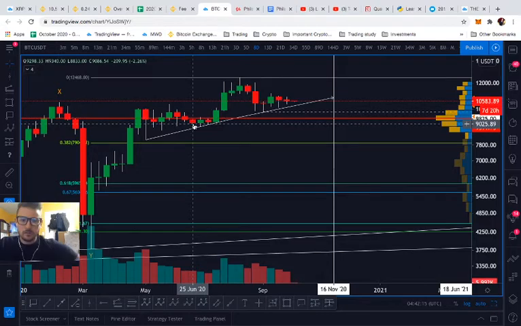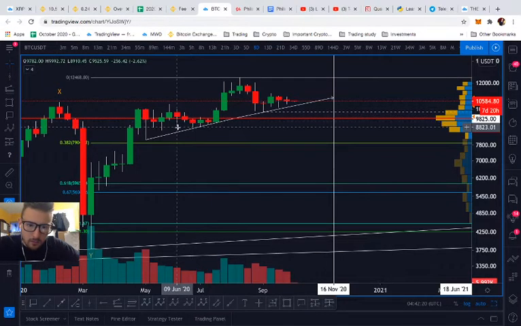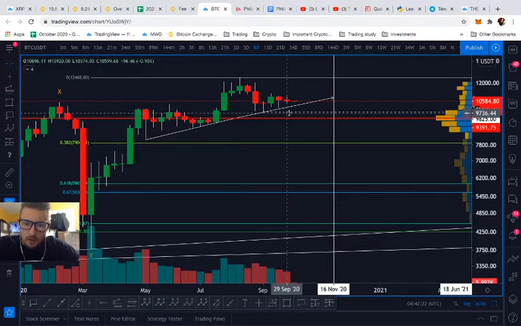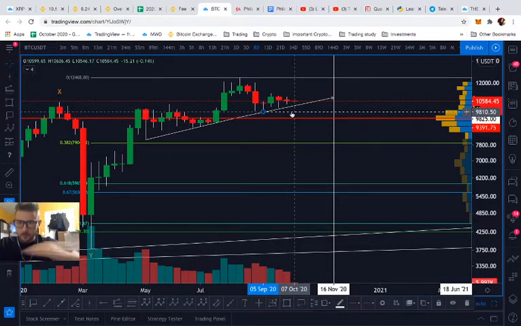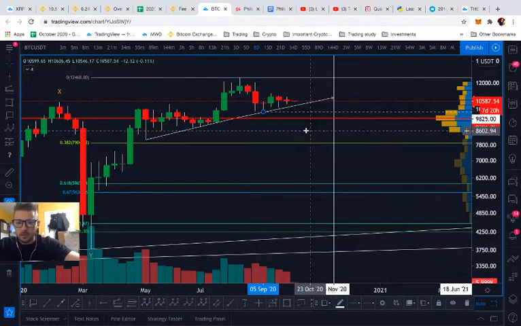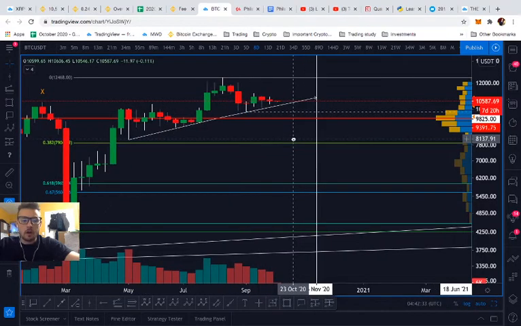You have to look at the fractals, right? The only thing that's different is that this candle here broke this. So I don't want to call Bitcoin done, going down for sure. Obviously, if it breaks that 94.10, then my count would start to look a lot better.